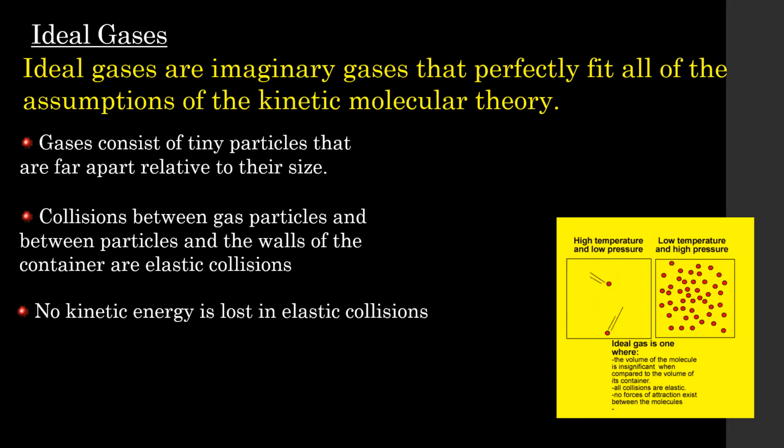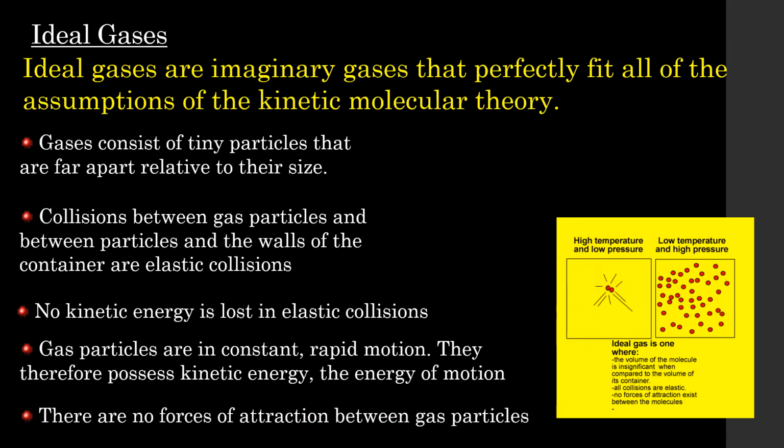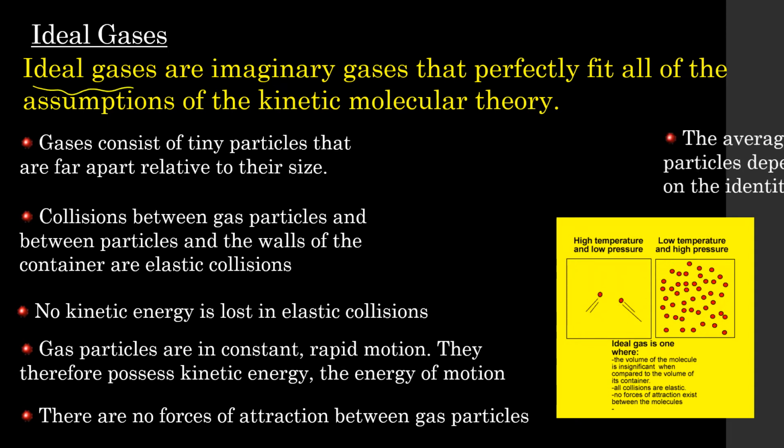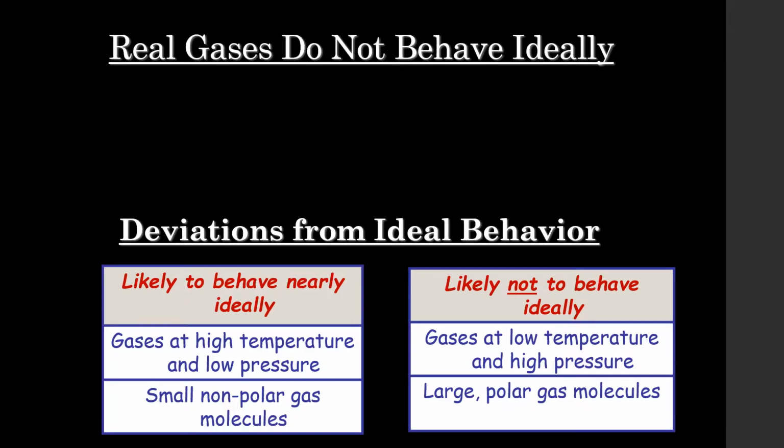No kinetic energy is lost in these collisions. Gas particles are in constant rapid motion. They possess kinetic energy, the energy of motion, and there are no forces of attraction between the gas particles. Remember, these are our assumptions for ideal gases. The average kinetic energy of gas particles depends on temperature, not on the identity of the particle.